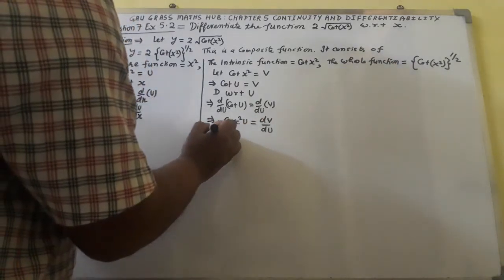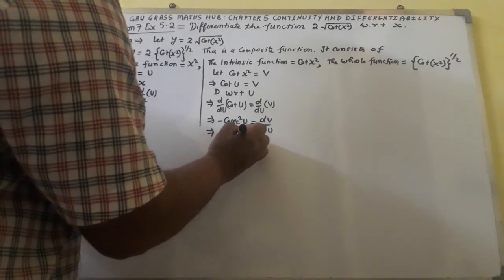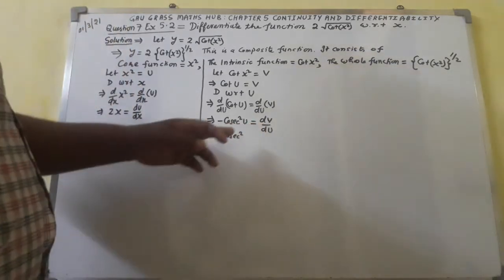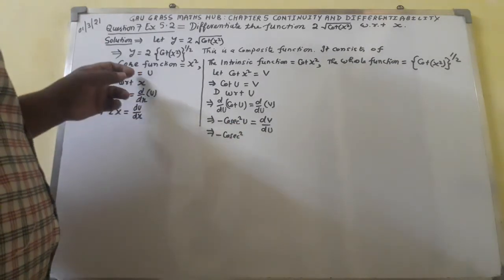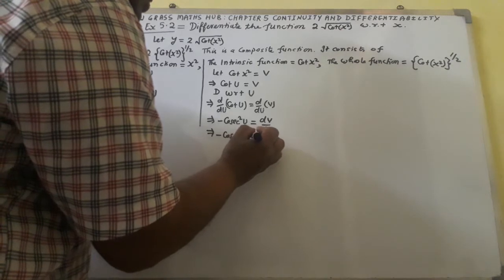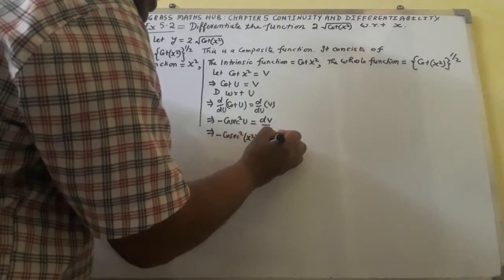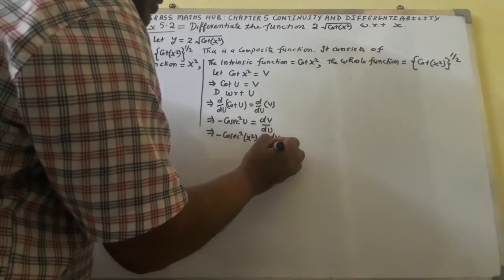This implies that I shall write minus cosec square, and in place of u I shall write x square, equal to dv over du.